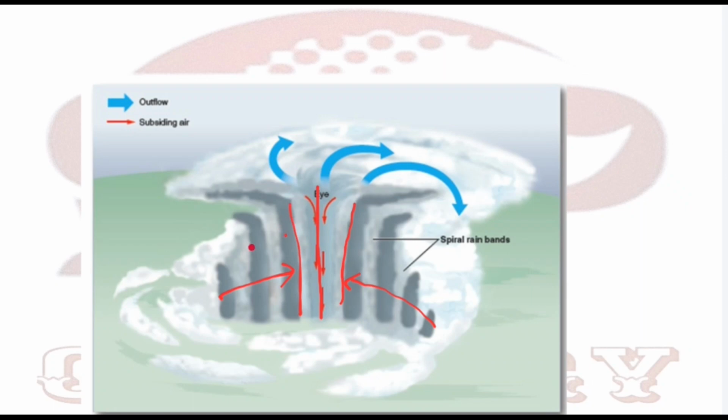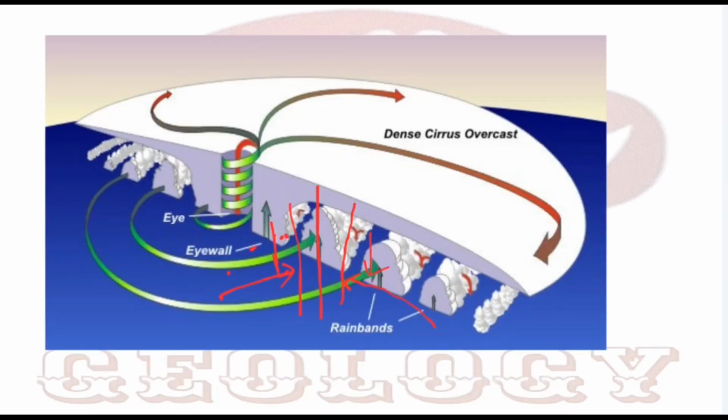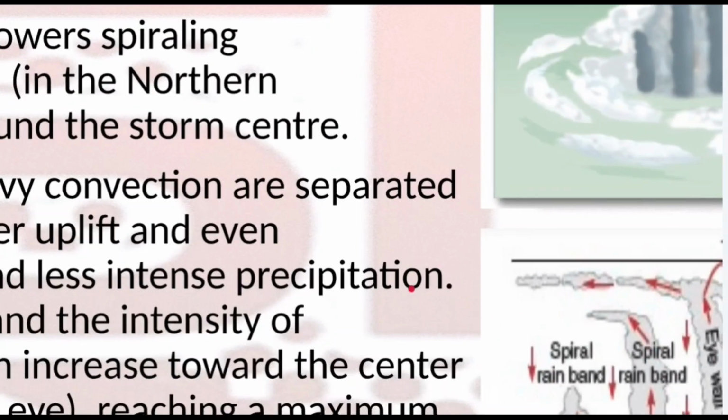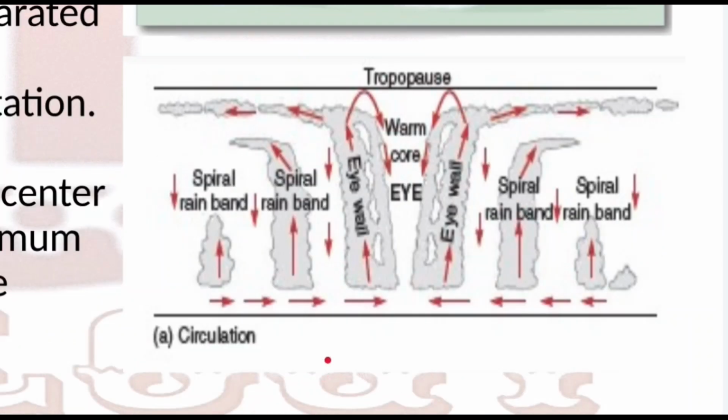The clouds are separated by rain bands. You can see here also: these are the eye wall, these are rain bands, these are clouds. And at the eye, it is a calm region.